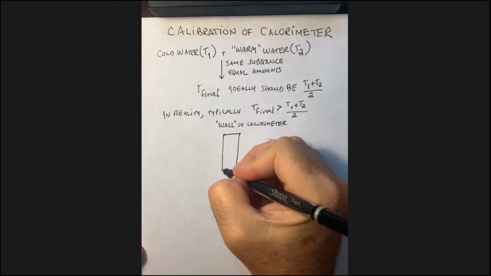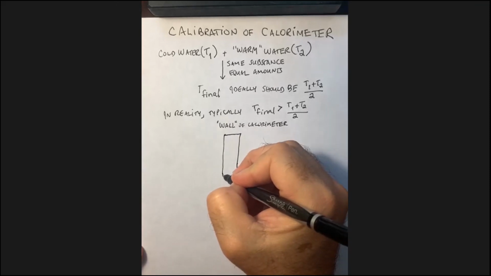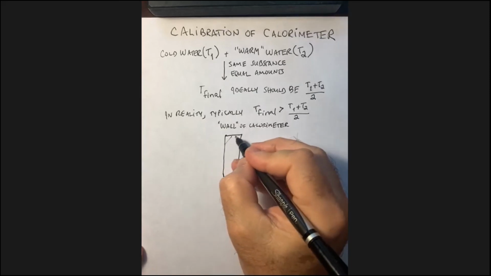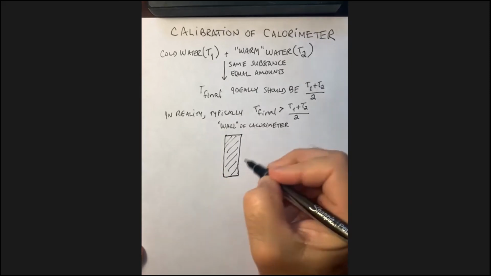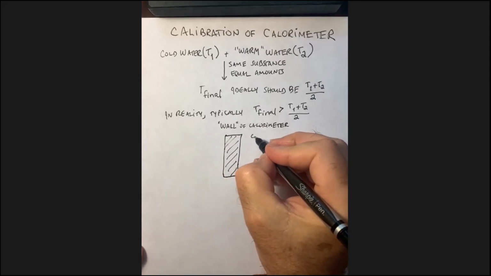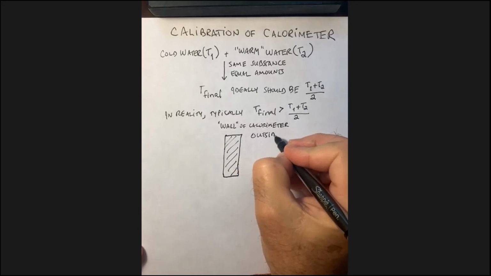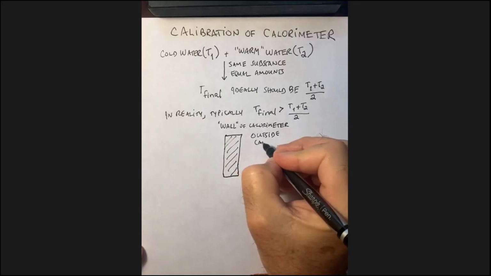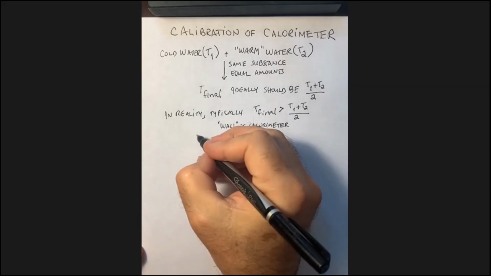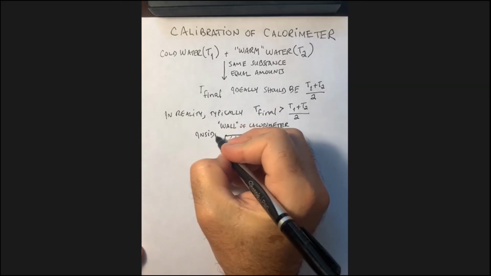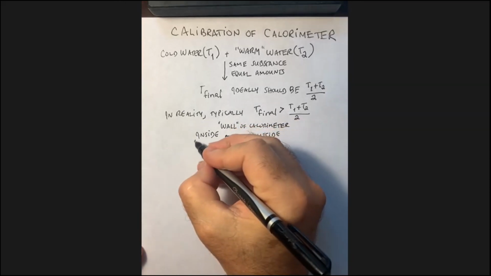I'm going to draw a little block here, and this is the calorimeter. Again, sorry for my poor sketching abilities. And over here is the outside, which is basically air at room temperature. And here is the inside of the calorimeter, where you have essentially the water.